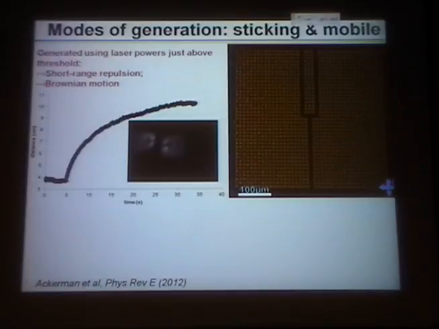Now, one can generate Torons in other localized configurations in two different forms. One is in such a way that they behave like Brownian particles, simply undergoing two-dimensional Brownian motion in the liquid crystal cell. And then they even interact with each other like quasi-particles, right?